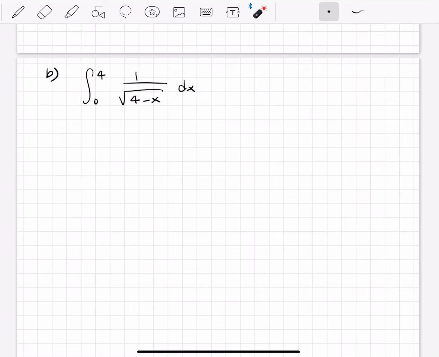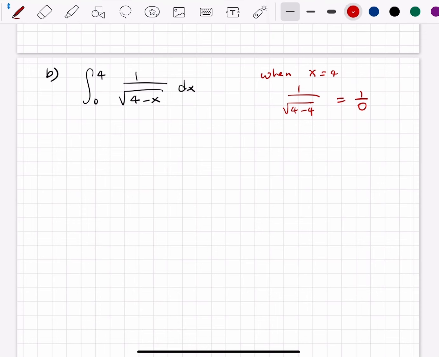But if you look at this function, 1 over square root of 4 minus x, what happens when x equals 4? We notice that this function is discontinuous at x equals 4, because when x equals 4, we get 1 over the square root of 4 minus 4, which is 1 over 0. This is a discontinuity.